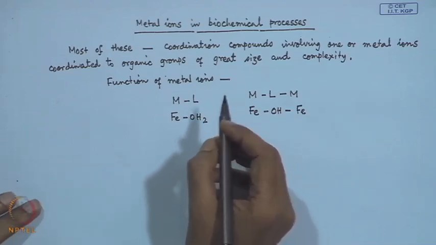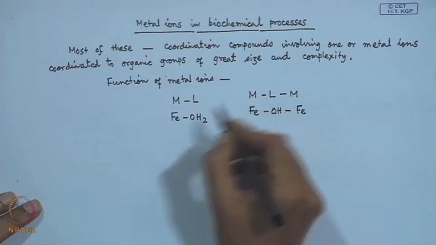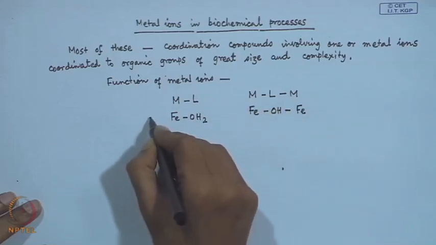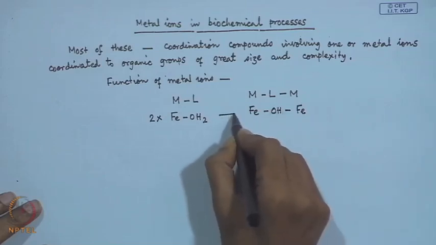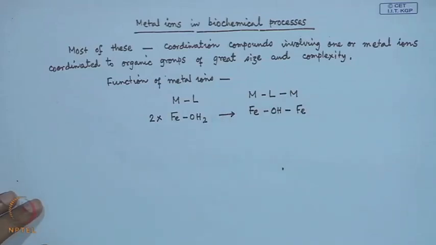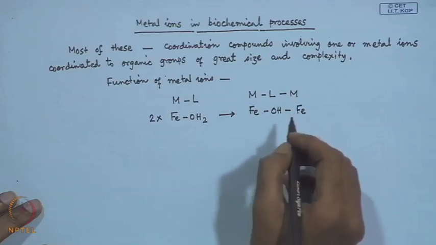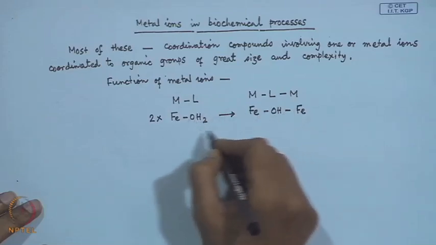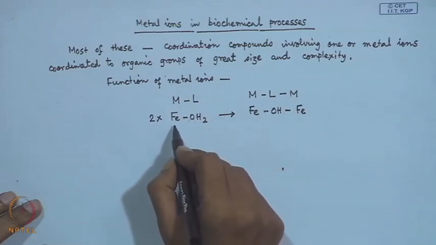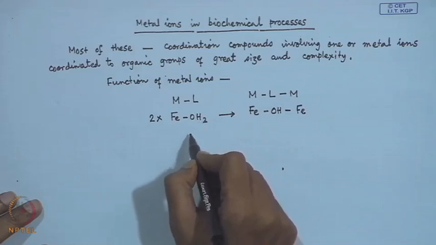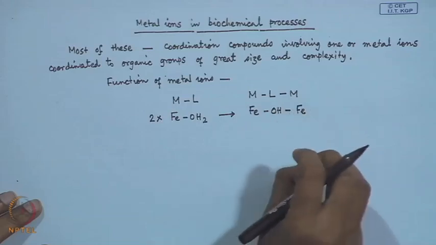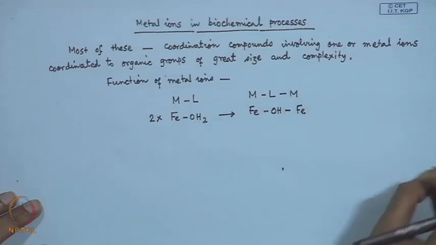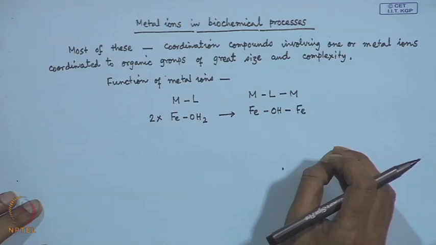So, when two of these are interacting, they form a bridge system. So, you have the bridging group. How are they forming? This iron is there, you have water coordinated, and we need to deprotonate this one particular water molecule, and one water molecule from the second iron center is leaving. So, that OH is giving you that bridge system.